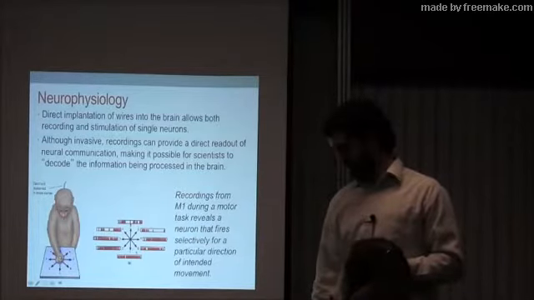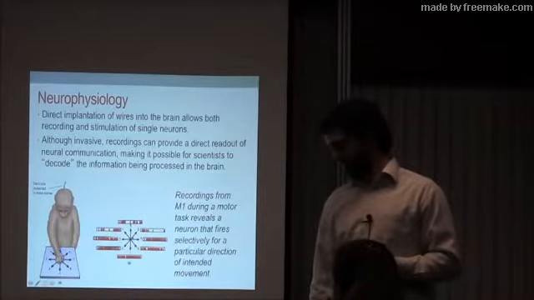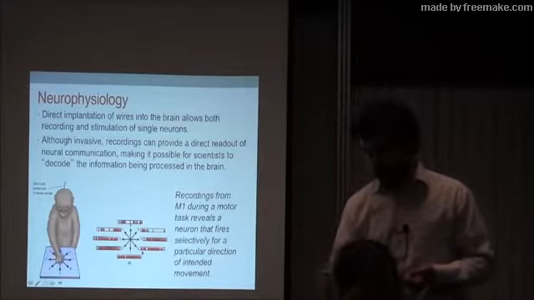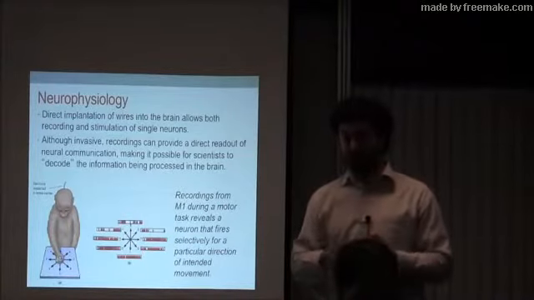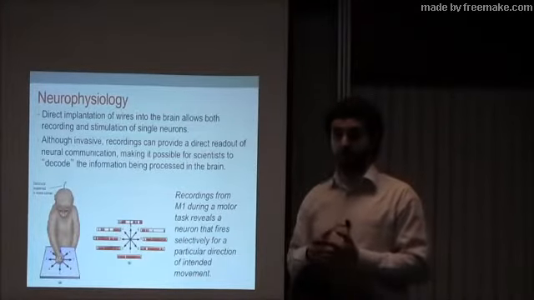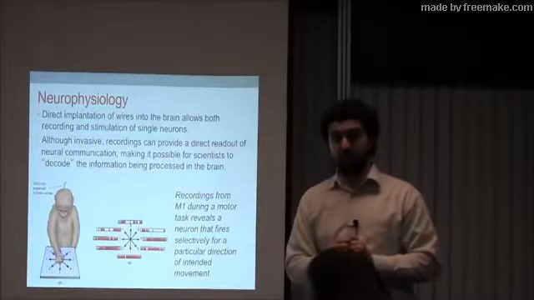And you can see here, according to the direction of movement, up, down, right and left, it was evident that upon moving the joystick in the down direction, the firing of the neuron was the highest. In other words, it seems that this neuron is very sensitive to movements going downwards.